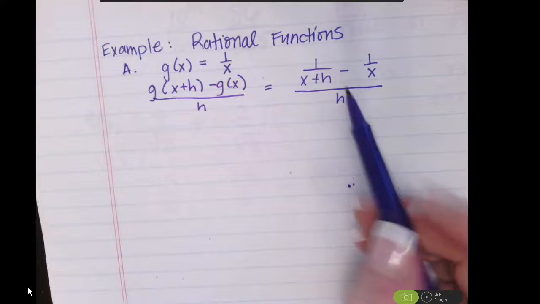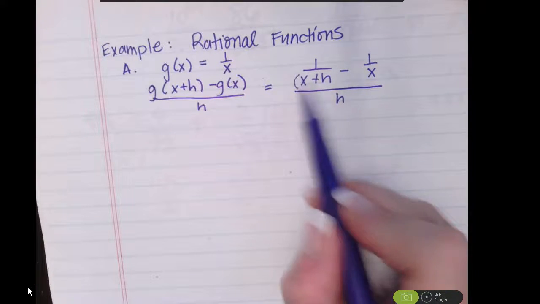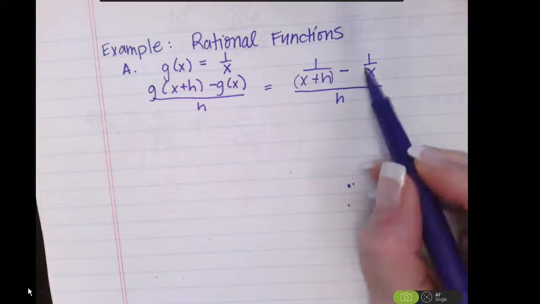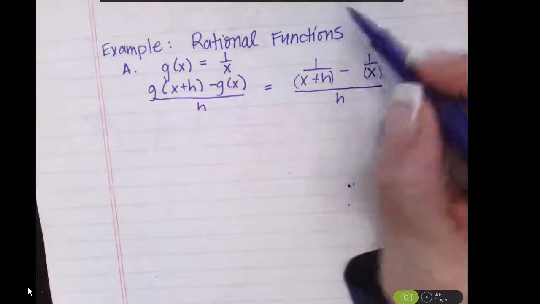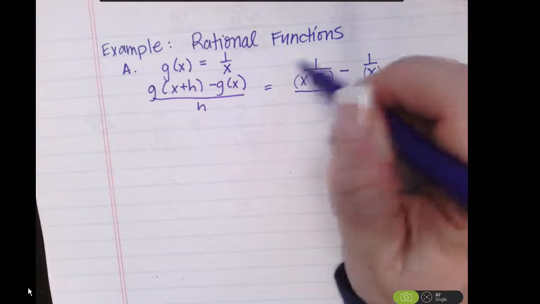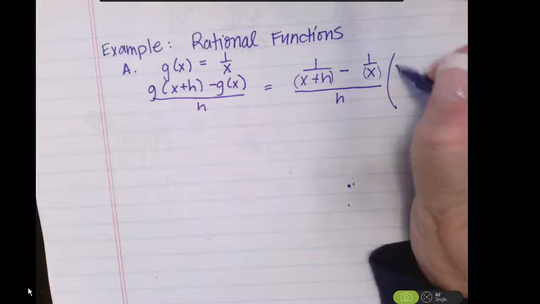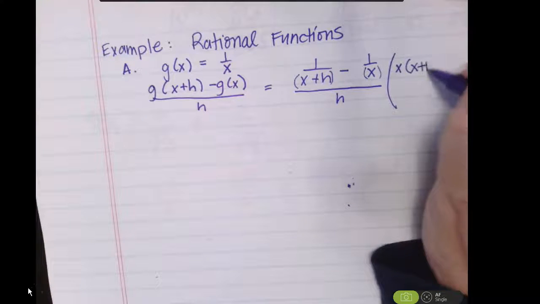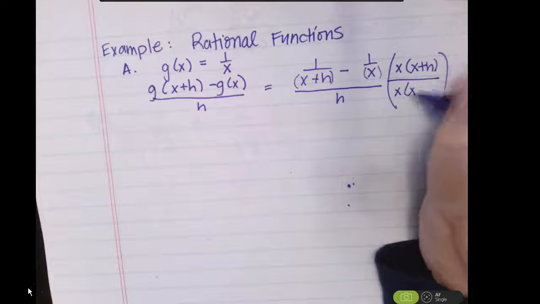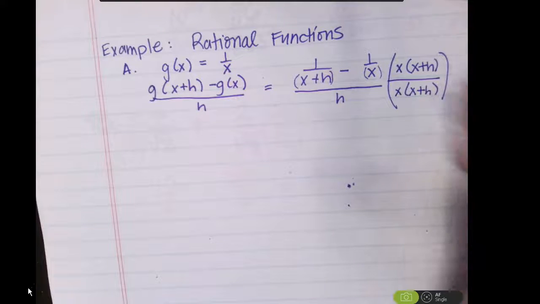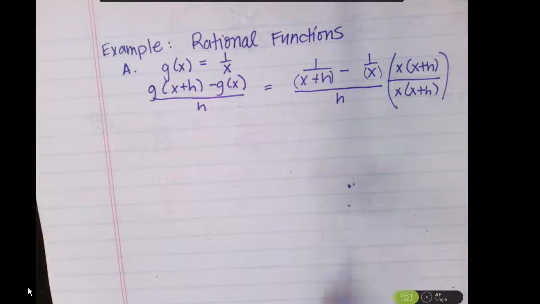So if we take a look at these fractions, say this is our denominator and this is our denominator, our common denominator is going to be x times x plus h, and whenever we're doing that we want to multiply by it on top and bottom so that we're multiplying by an expression over itself, which is equivalent to 1.